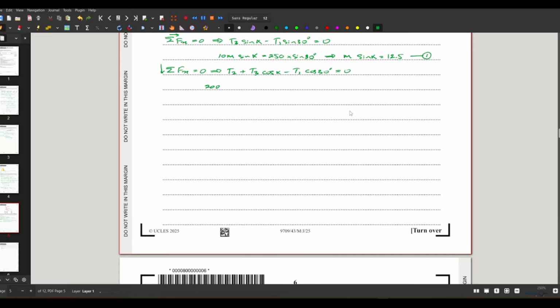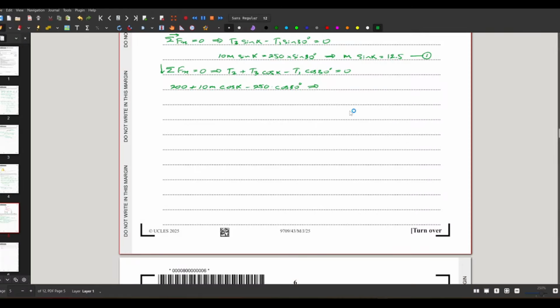I will take a little bit of space. So this is 200 plus T3 was 10m times cos alpha, minus T1, 250 times cos 30.